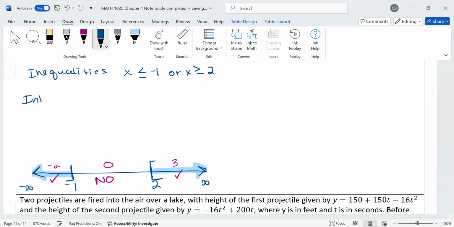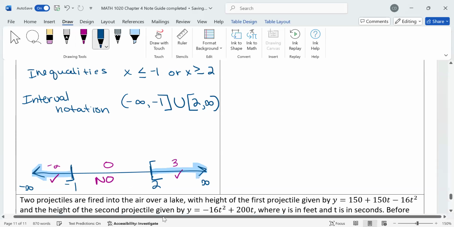So for interval notation, we're going to go from negative infinity to -1, which has a bracket because of the inequality symbol, union symbol, which is in the same area you find your infinity, bracket 2 to positive infinity. Again, I don't remember if they asked for inequality or interval notation, but those are both the correct ways to write those.